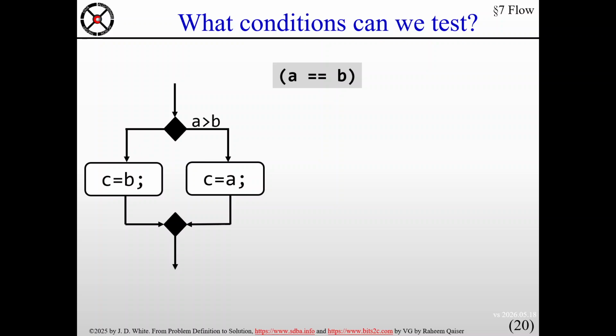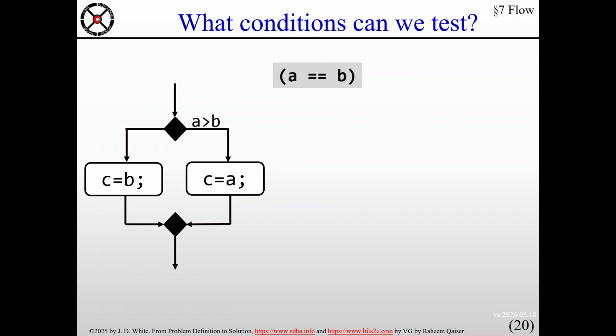Okay, first condition. I can check if A is equal to B. Now note, when you're checking if something is equal, you have to use 2 equal signs, not 1. One equal sign means take the value on the right and put it into the container on the left.